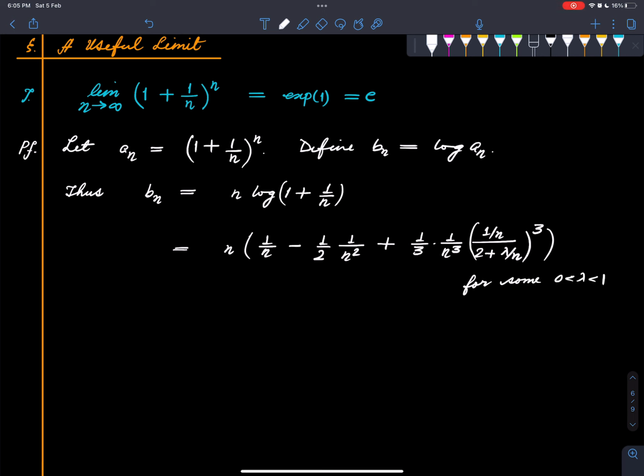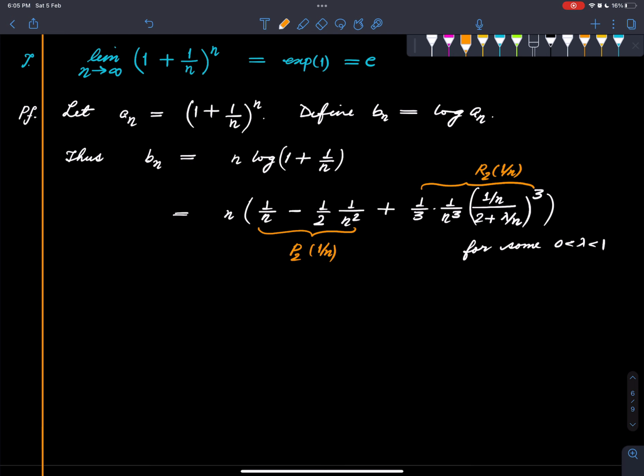So yeah, you have to verify this. This is the remainder term of the polynomial of the Taylor expansion, r2 of 1 by n, and this is the polynomial term p2 of 1 by n. Great.